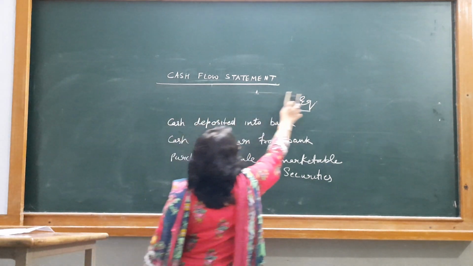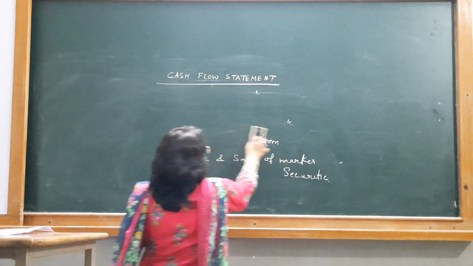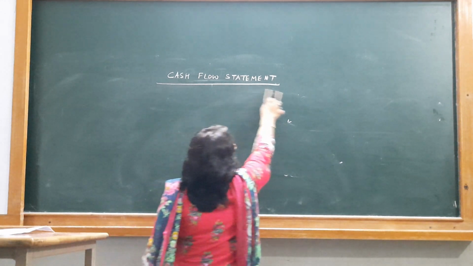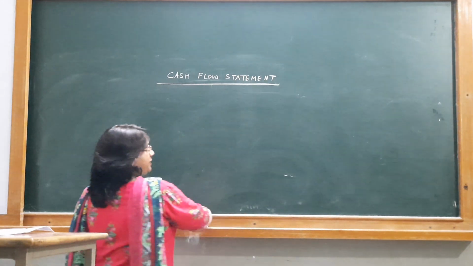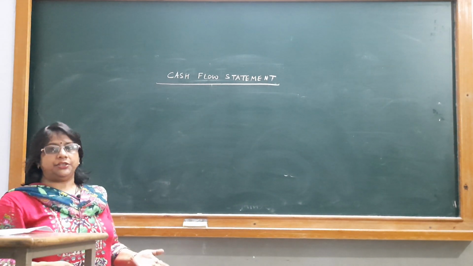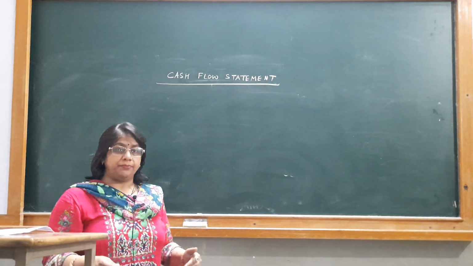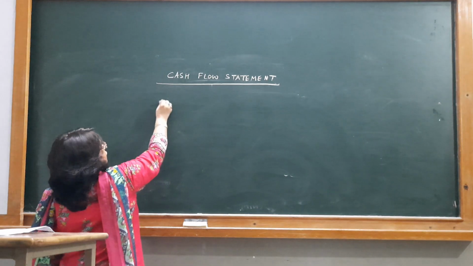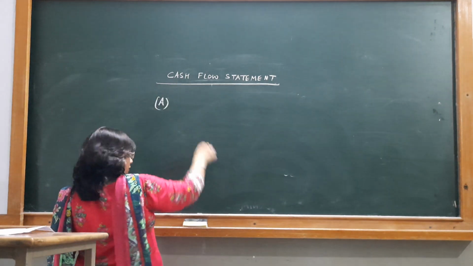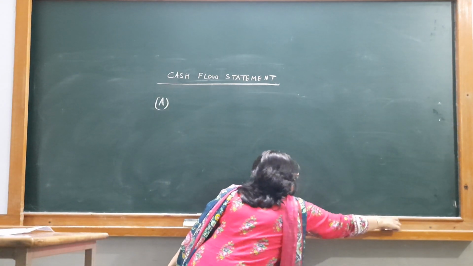Third thing that is to be focused here. There are 3 types of activities from which cash and cash equivalents may emerge. First is operating activities.